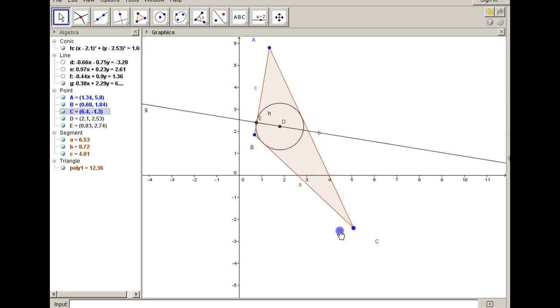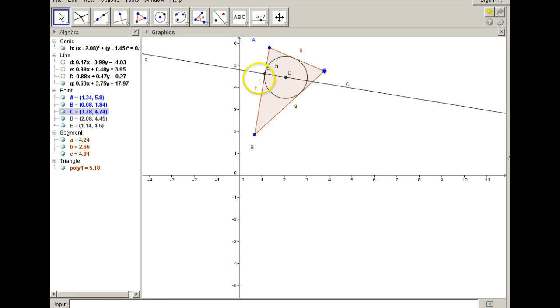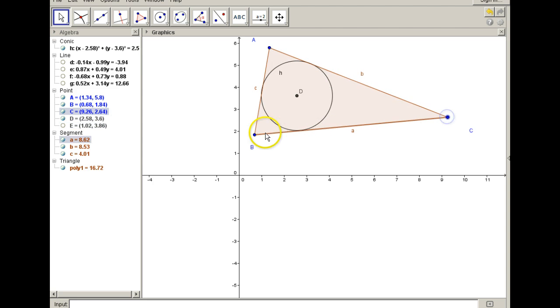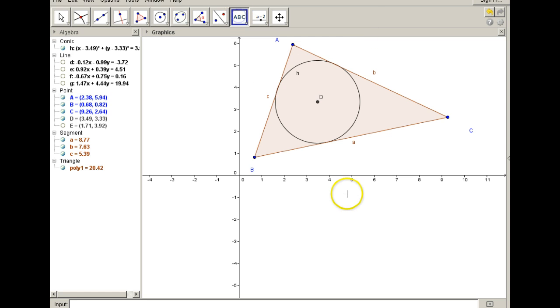As long as I keep bisecting the angles, I'm always going to find my incenter, and I'm always going to have the radius perfect, because I found my radius by constructing the perpendicular from D to point E. So I'm pretty much guaranteed here that no matter how I change the vertices, I'm going to have an inscribed circle. Let's make those notes real quick, and then you'll be able to do yours.